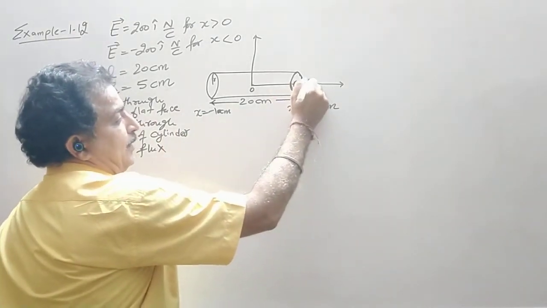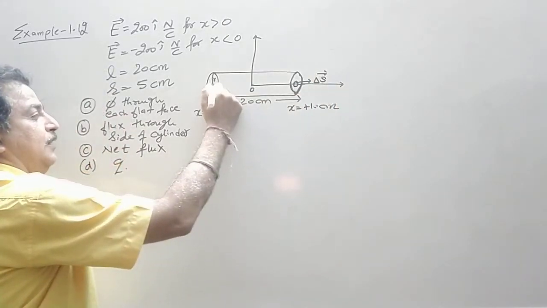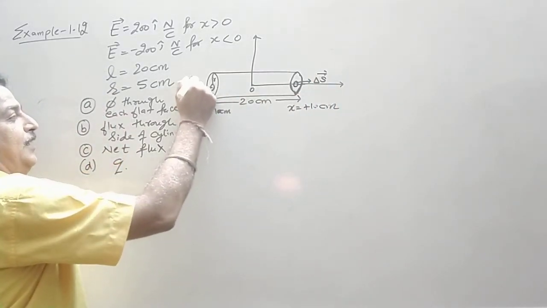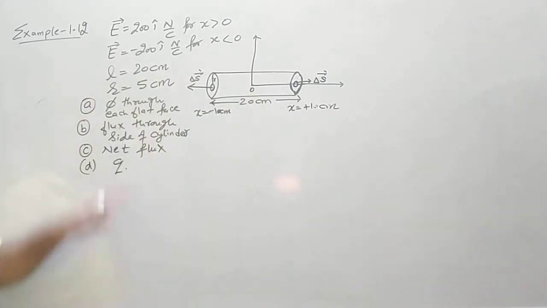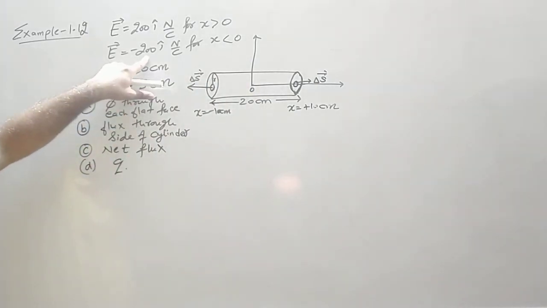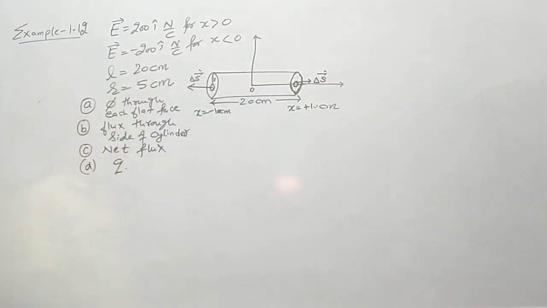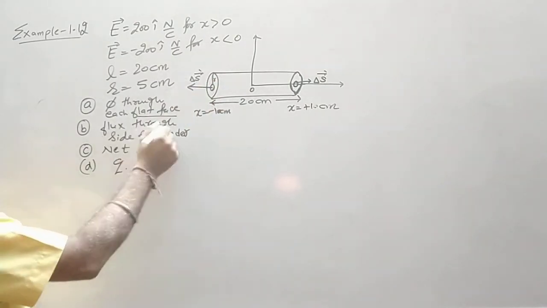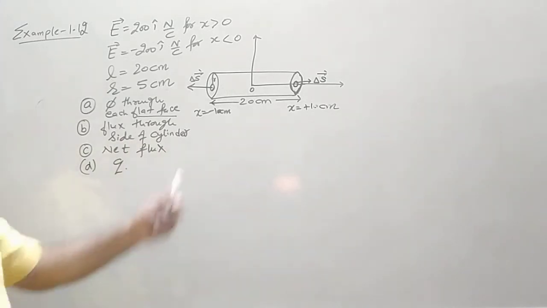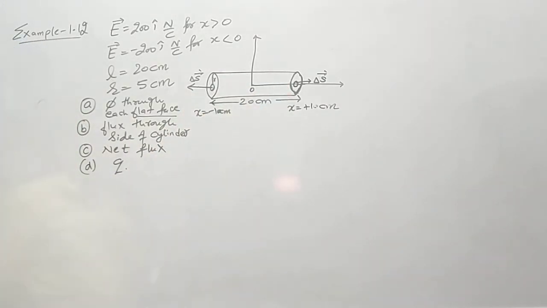This is delta S, and for this face, delta S is in this direction. Now if you are dealing with the negative x-axis, the electric field is also taken as negative, and for positive x-axis the field is taken as positive. So here flat face means the cross section. Second part is find the flux through the side of the cylinder. Here side means along the length, or the curved surface of a cylinder.